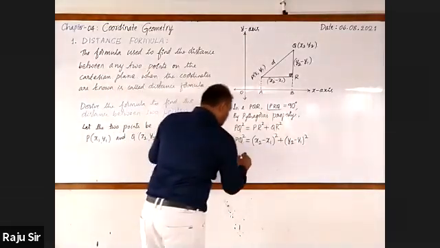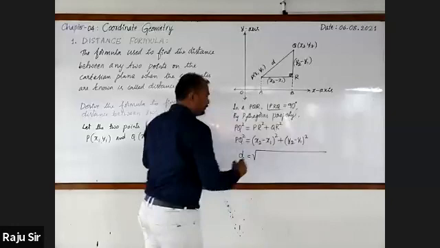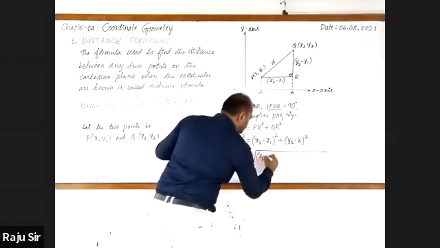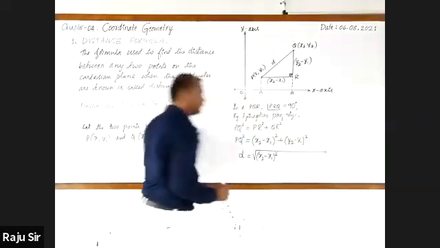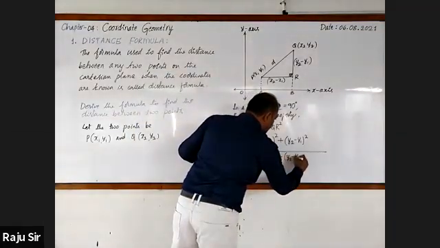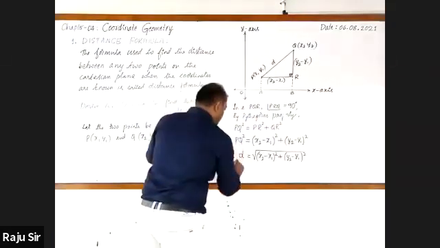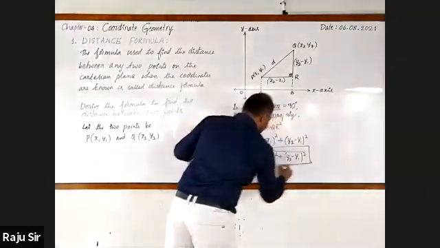Hence, I write d is equal to the square root of x2 minus x1 whole square plus y2 minus y1 whole square.